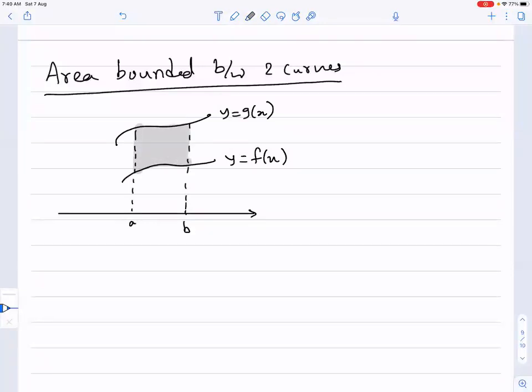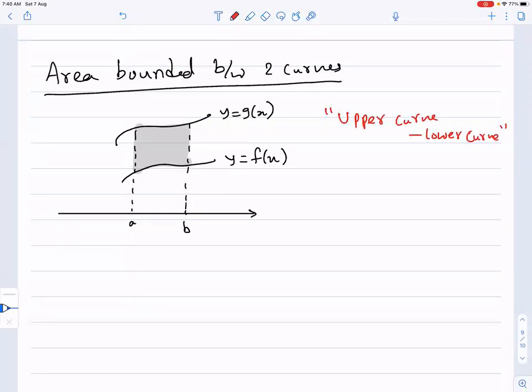Yes or no? So towards the x-axis, if you are trying to find the area between the curves, one thing that you need to remember is upper curve minus lower curve. That is our mantra for it.